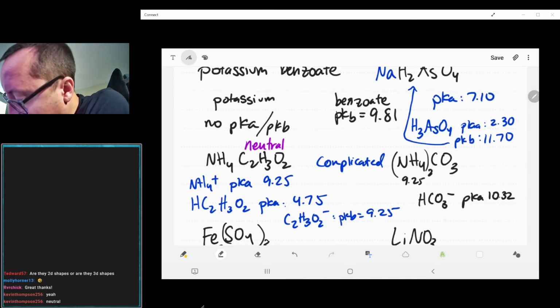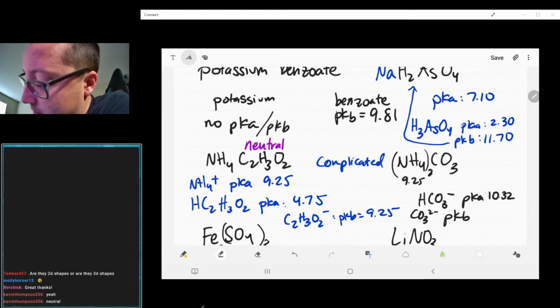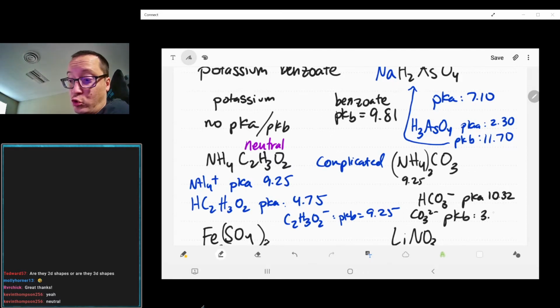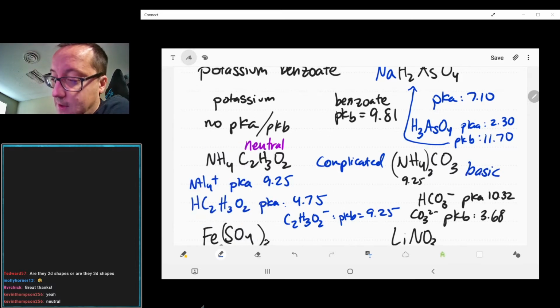So the pKb for carbonate will be 3.68. And so as a result, the pKb wins out in this case. So this one will be basic, because this pKb is going to be lower than our 9.25 for our ammonium.